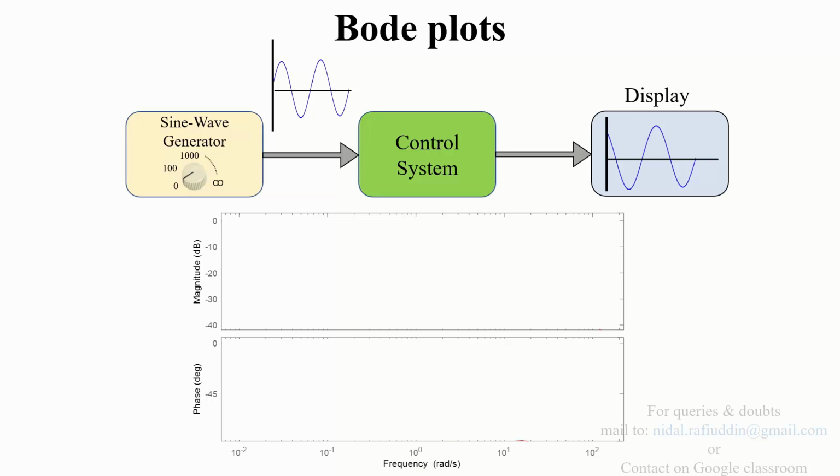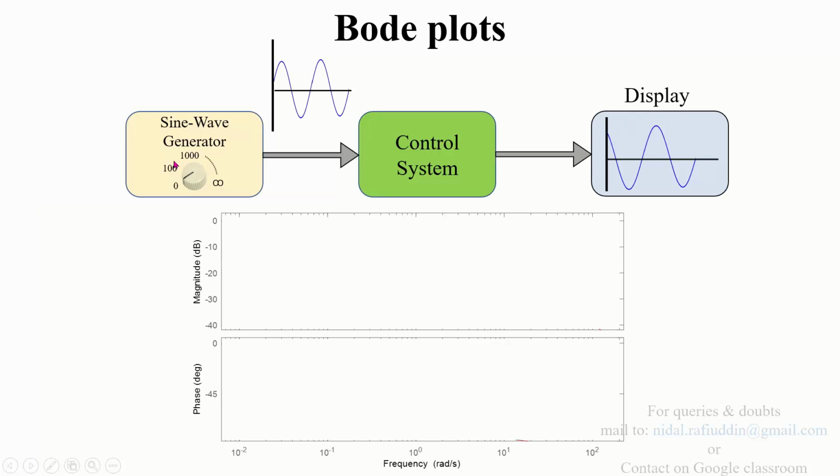And the output of the control system will be studied for different frequencies, and the magnitude and phase will be plotted for different frequencies. So we'll observe that when we vary this frequency from 0 to infinity, there will be a change.